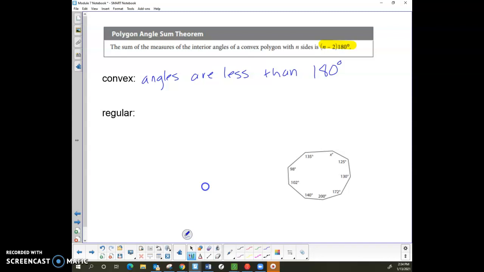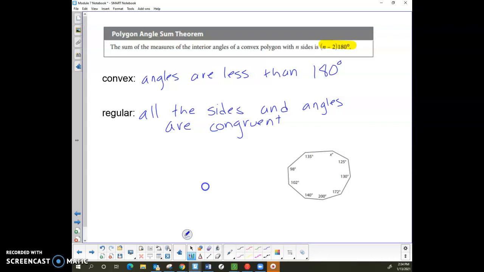Everything we're working with is going to be convex, so that this theorem applies. A regular polygon means that all the sides are congruent and all the angles are congruent, so they all have the same measure. This theorem does apply for irregular polygons, but when they talk about regular, you need to know that everything is going to be the same.